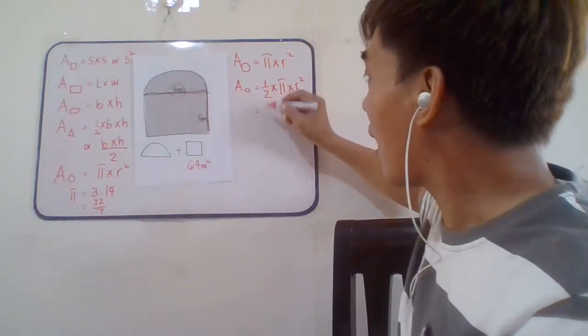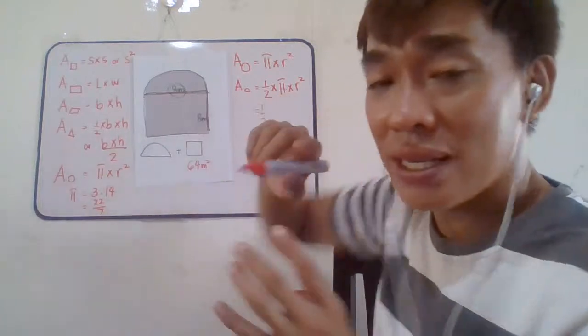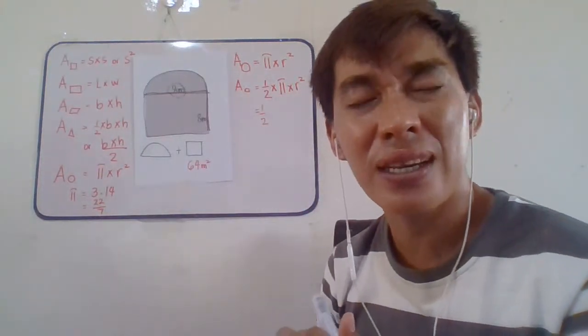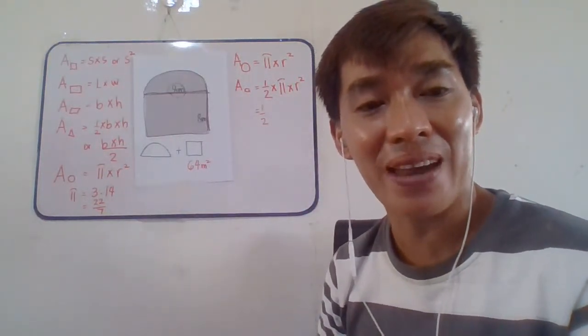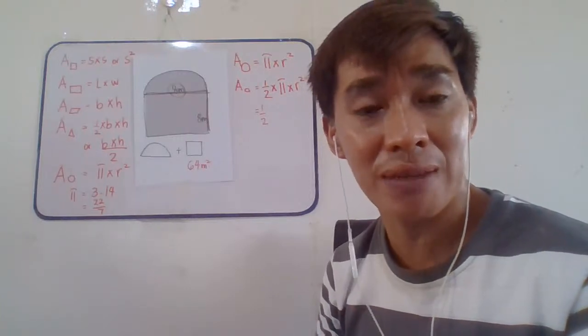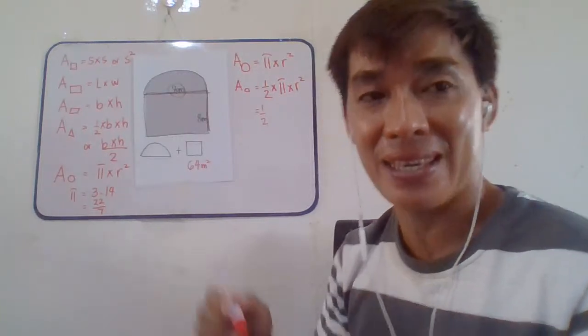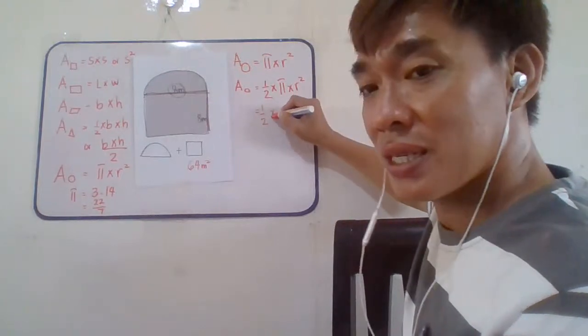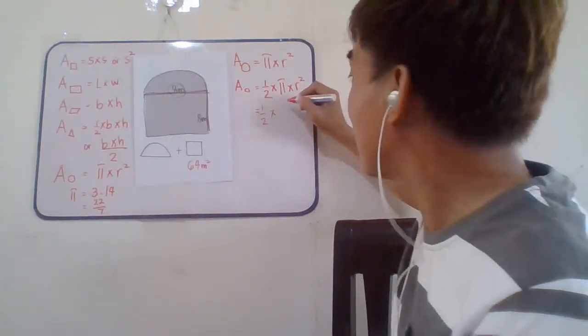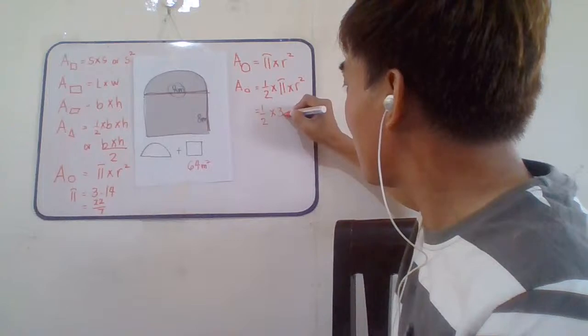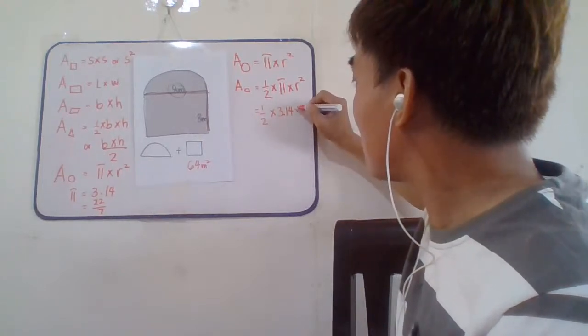So here, 1/2. In my exam, I specified that you have to use 3.14 for the value of pi. So times 3.14 times the radius.